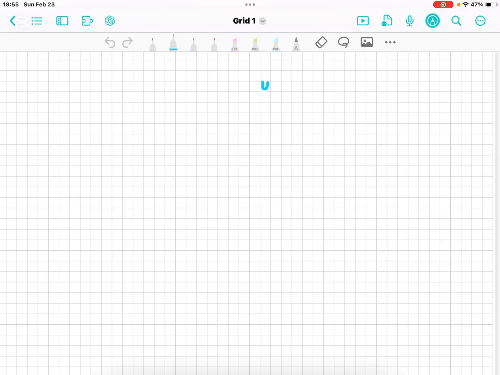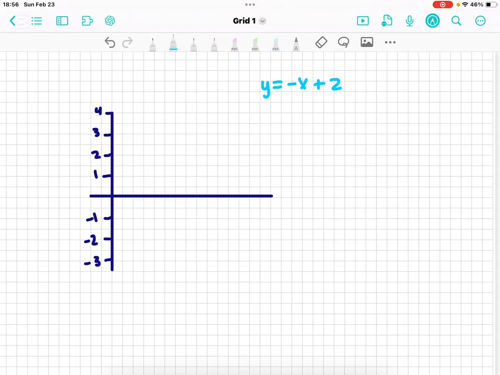We're going to use y equals negative x plus 2. We're going to plot 0, 2 on the axis, then move 1 unit to the right and 1 unit down for the next point and continue the pattern. First of all, our y-intercept is 2, so we start at the point 0, 2.